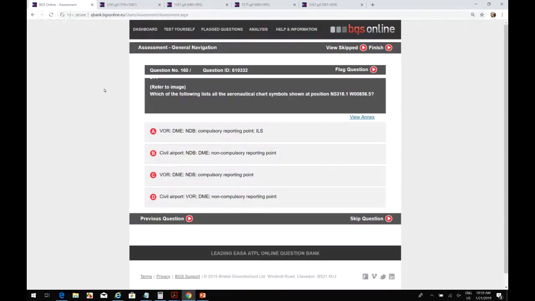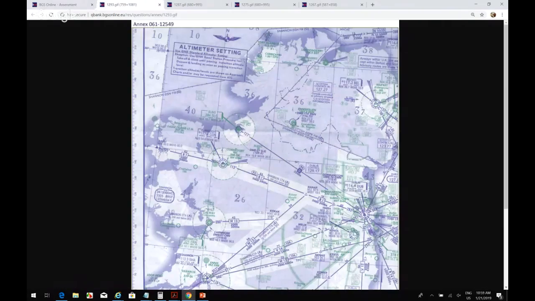There's a few things. So we've got civil airport. I thought there was a military aerodrome around it as well, but maybe not. Okay, so 2 of them say civil airport, so B and D. Is there a DME? Yes. Non-compulsory reporting point. One says NDB, one says VOR. Okay. Can't really see it, it's a bit small.